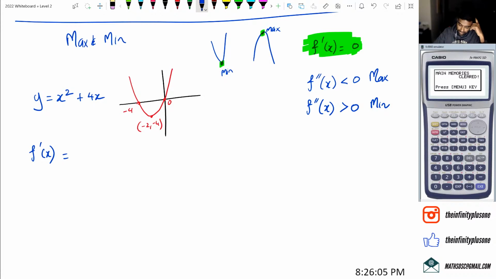So in this case, you've got x squared, which means it's going to become 2x. And we reduce the power by 1 when you're differentiating. So this will become 2 minus 1. And when you have 4x, that'll actually become 4x to the power of 1 minus 1. So long story short, we actually have 2x plus 4 as our gradient function.